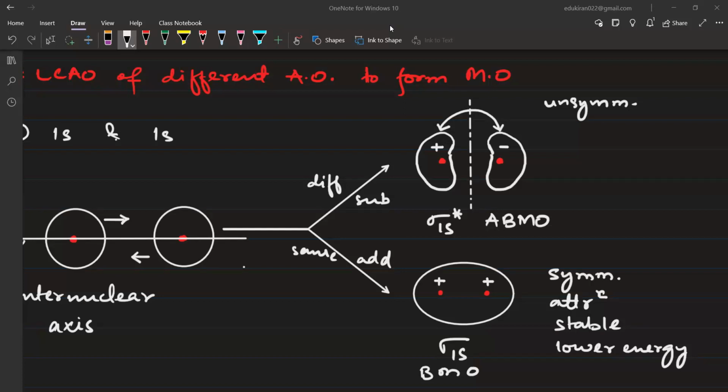I think it's attraction. Sorry, Alia, what you are saying? Attraction. Mariam, what would happen? Attraction or repulsion? Mariam? Repulsion.